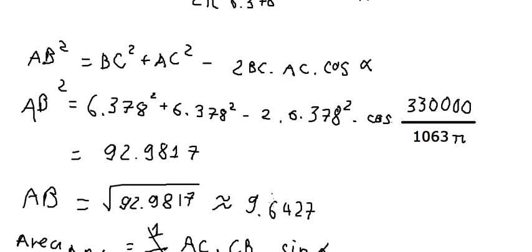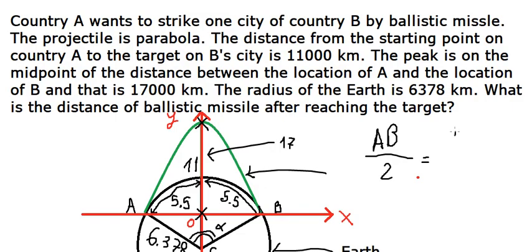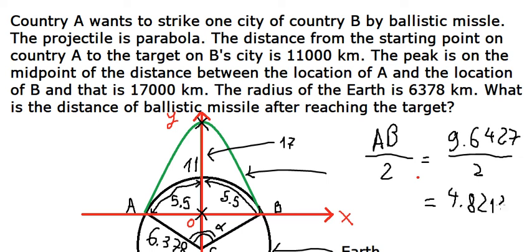And we have AB, that's about 9.6427, and that's about 4.82135.